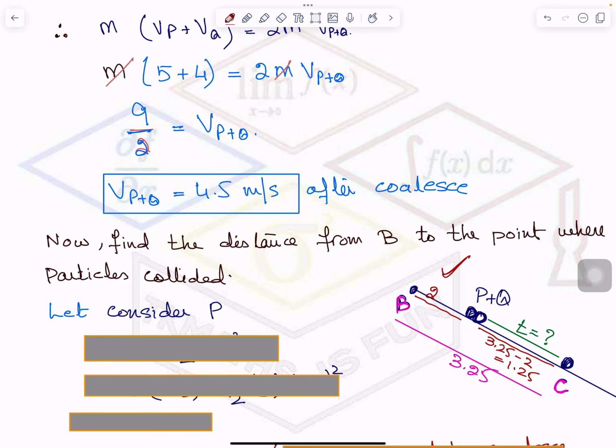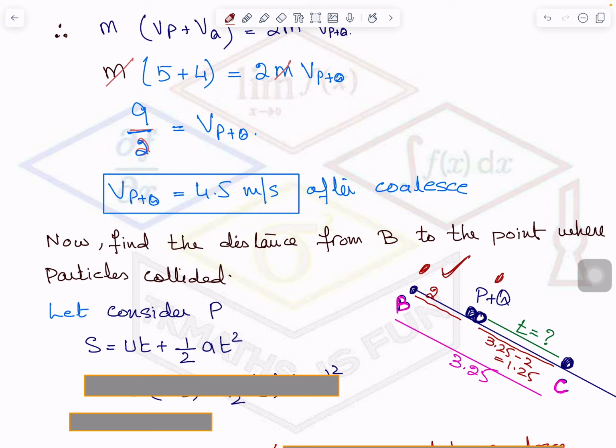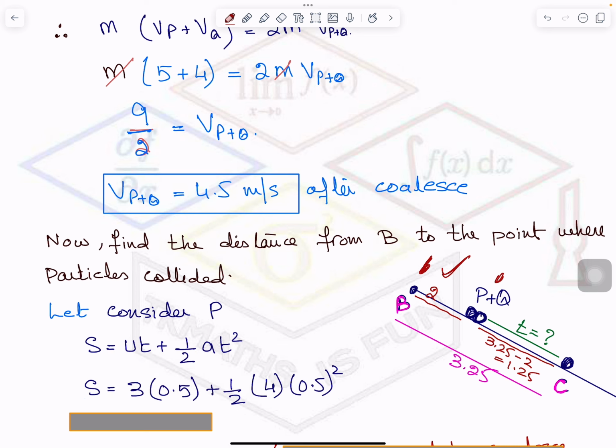How did I get to here? This distance from position B to the point where it collides, you can use the equation of particle Q or the equation of particle P. Both are okay. So I am taking the equation of particle P. S equals ut plus half at square. So what was U for particle P here? 3. And how long did it take to reach here? 0.5 seconds.